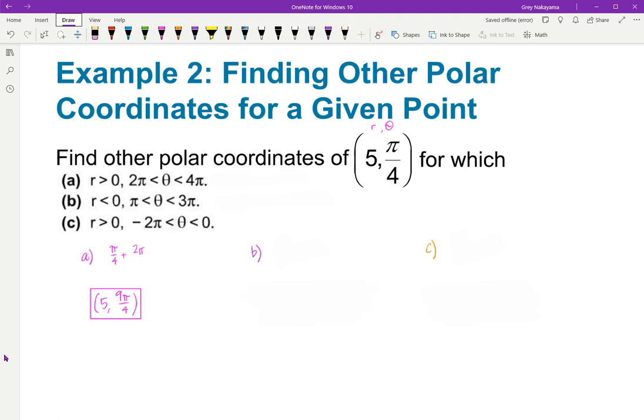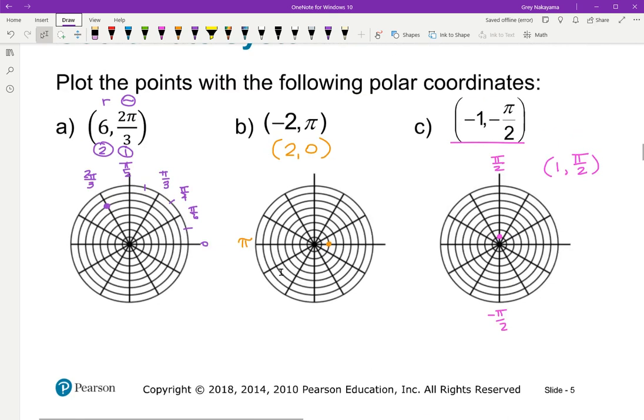So when I add 2 pi to that, your calculators will do that, then you're going to get 5, 9 pi over 4. Okay? Now, if I want my r to be less than 0, so this is a negative r, b is a negative r, but a is a positive r, and c is a positive r value. Okay? This time, this is more like what happened up here. I changed the r values.